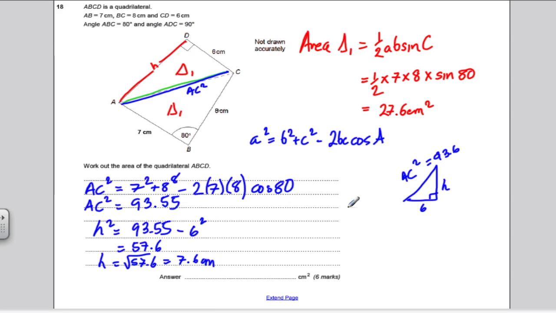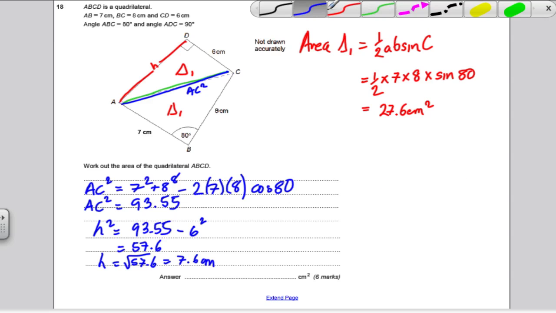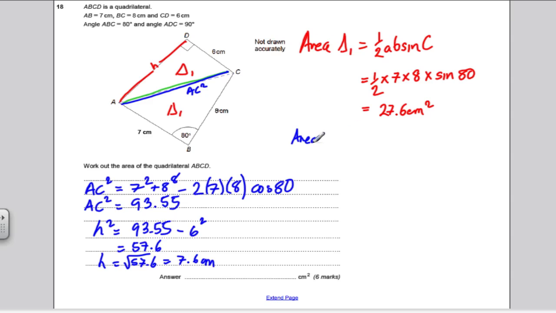So what's the area of triangle 2 now? Well, area of triangle 2 is half the base, half times 6 times the height, which is 7.6, or 7.58, I've got that to more accuracy, and we get that to be 22.8 centimeters squared.